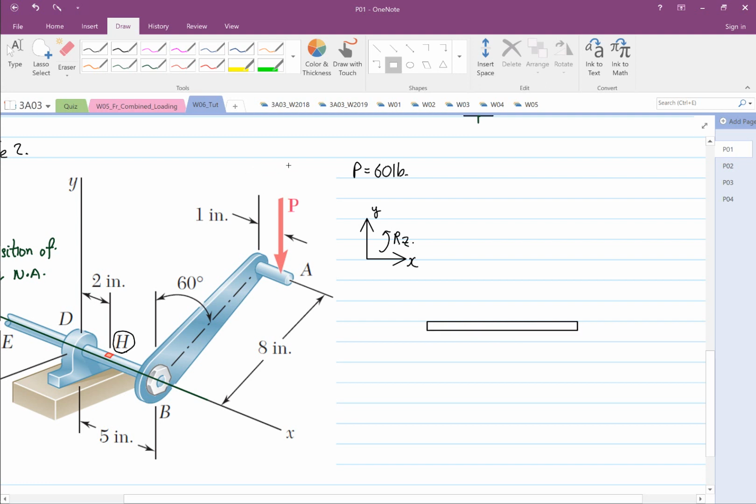This is my DB, so this is our point D, point B, then the neutral axis, and then over here is our element H.